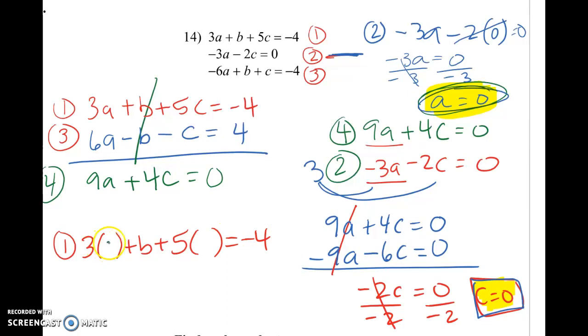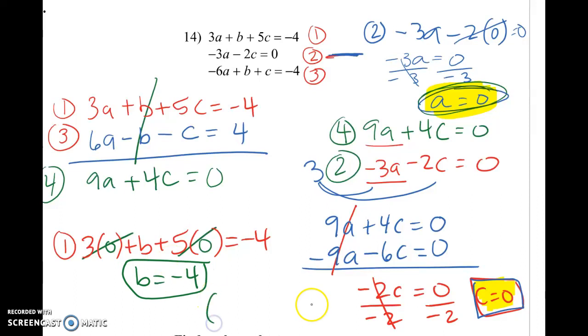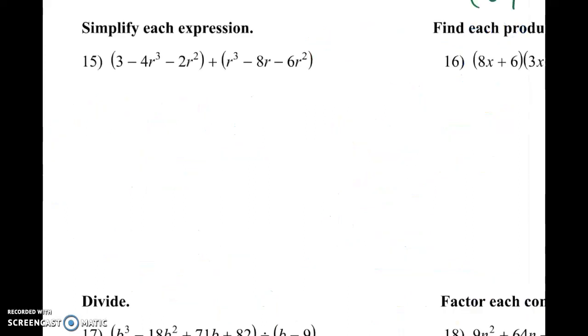And the values we had were 0 and 0, so that's 0. So b equals -4. And the way we write this is always alphabetical order, so I have 0 for a, -4 for b, and 0 for c.